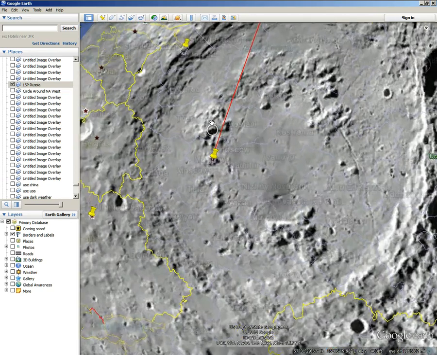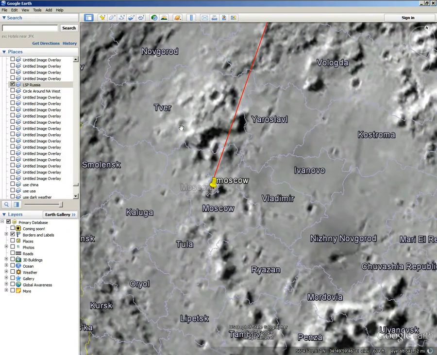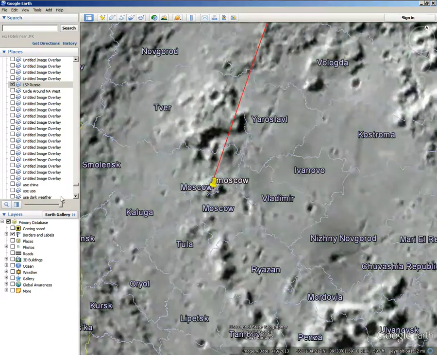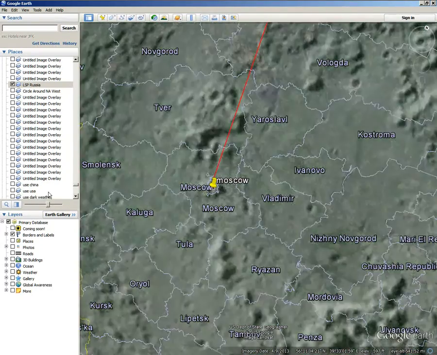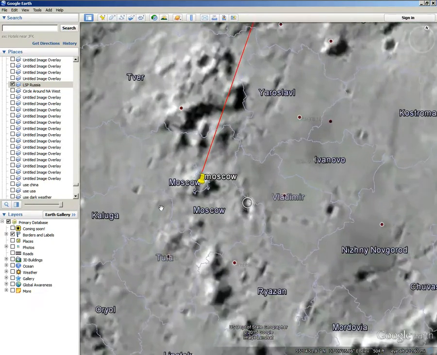Because I know Moscow, this is a little bit off this picture, but that's Moscow right there. That's the print of Moscow right there. I think I had to move it, so it's a little bit off right now.